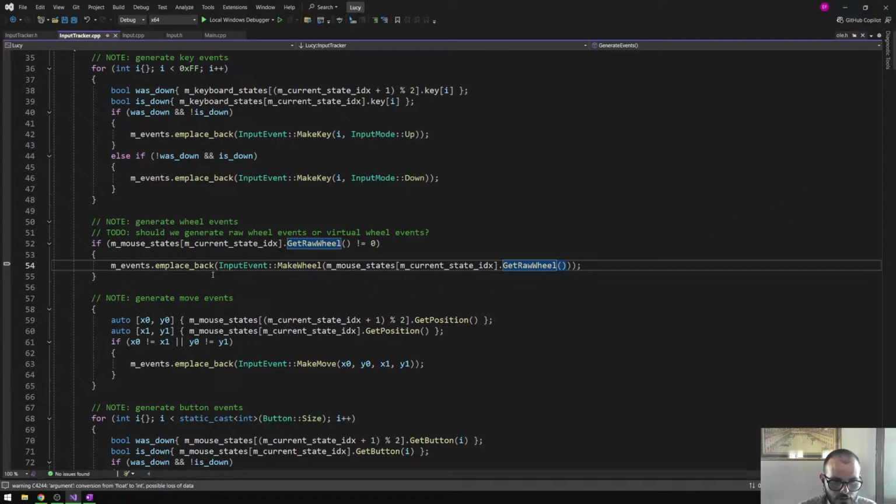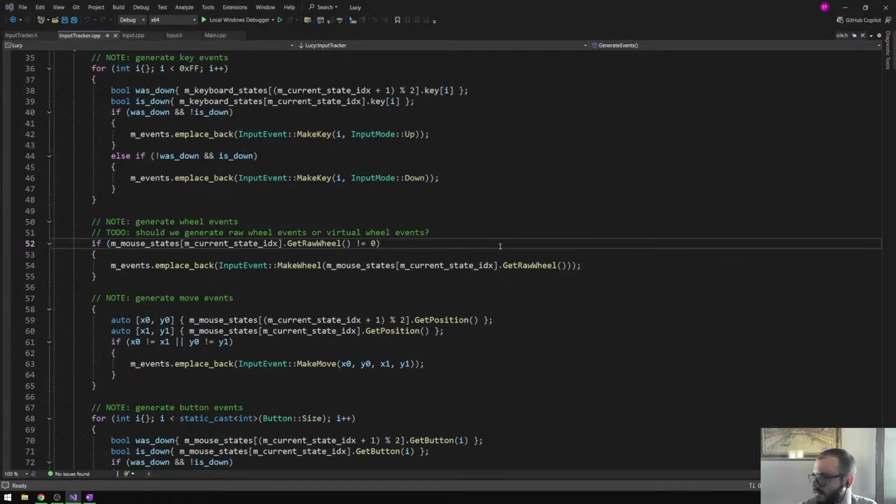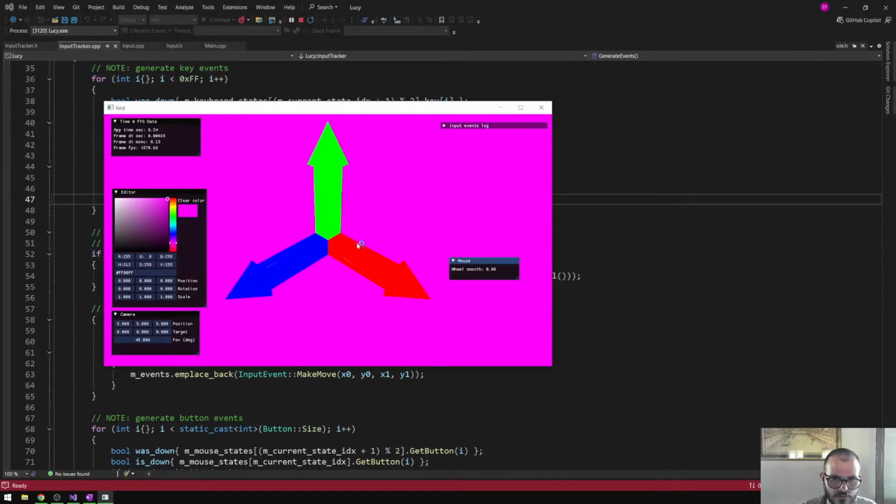Possible loss of data. Oh, because the wheel events are wrong. As of right now, let's do a rebuild. Okay, let's try it.